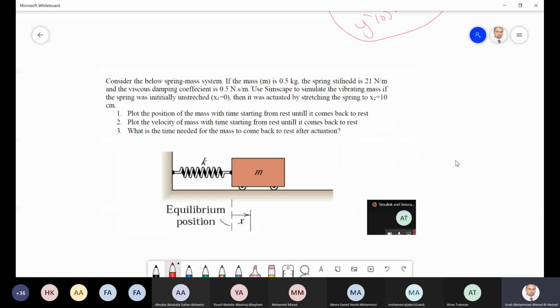Okay, so we have this mechanical system. It's a spring mass system.